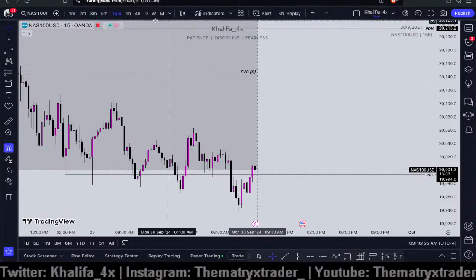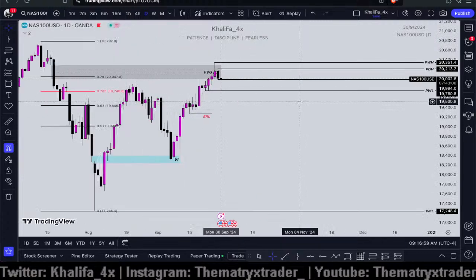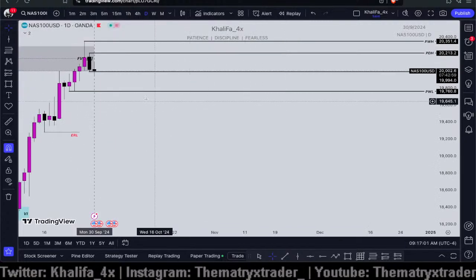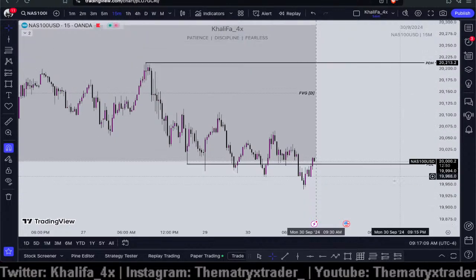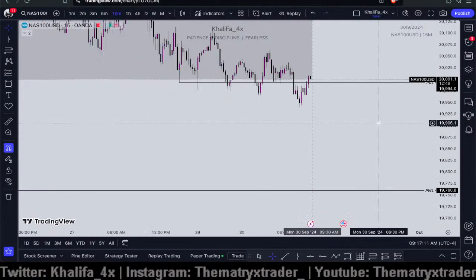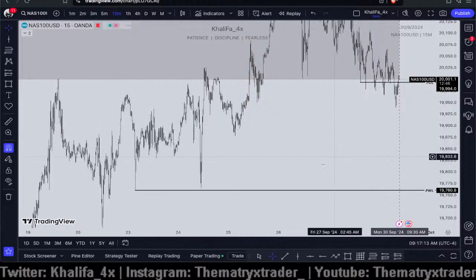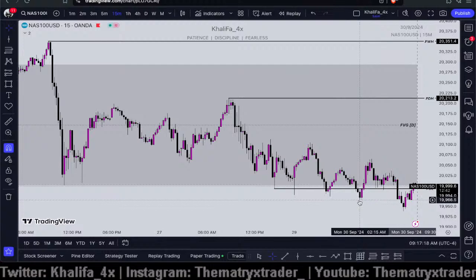Okay, so the bias for the NASDAQ today would be bearish for me, since we have these equal lows. Let's see the previous weekly low. You see that we have these lows over here.